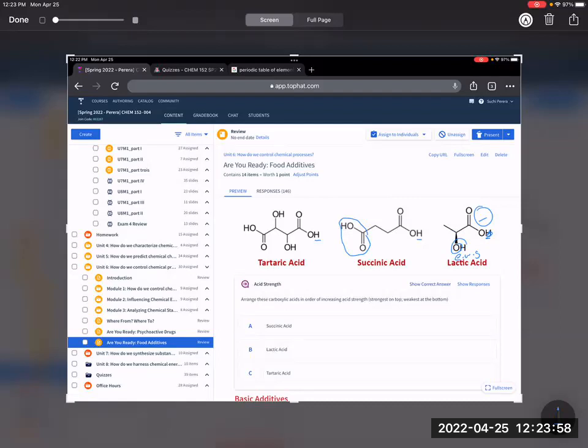But when it comes to tartaric acid, we have an electron withdrawing group one bond away from here, and then you go down another bond, we have another electron withdrawing group, and there's another one. So I would say tartaric acid is going to be the most acidic, because it's going to be stabilized by many electron withdrawing groups, and then lactic acid, and then succinic acid.